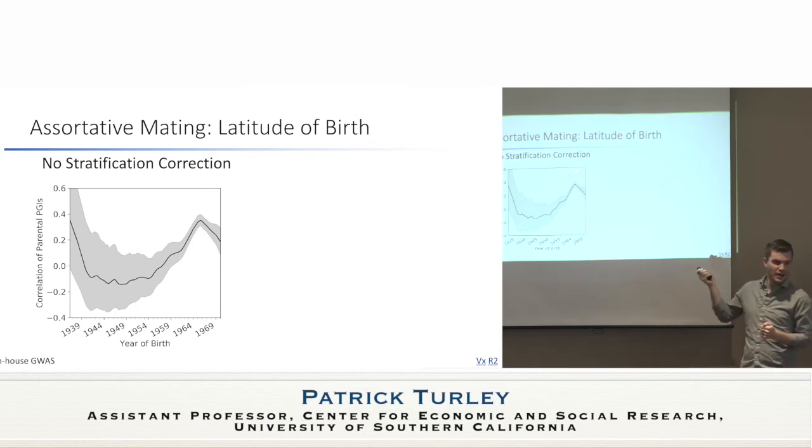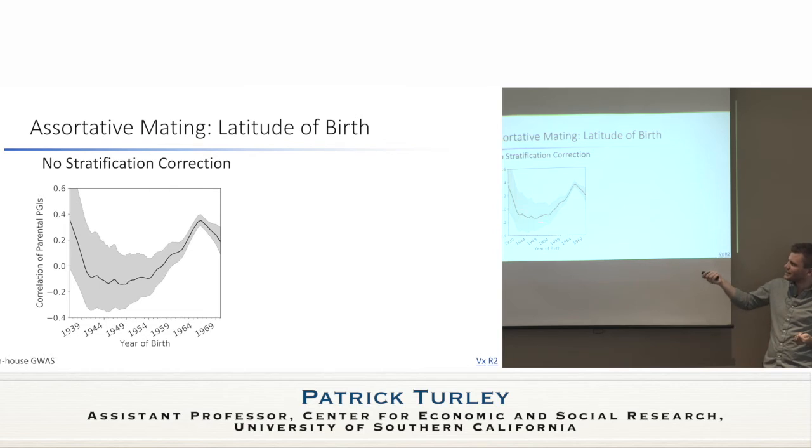If we do that without any kind of stratification correction, so these are just the raw PGIs, we see that at the beginning, so these are parents who are having children at about 1940, there's a moderate level of correlation, but it's quite imprecisely estimated.